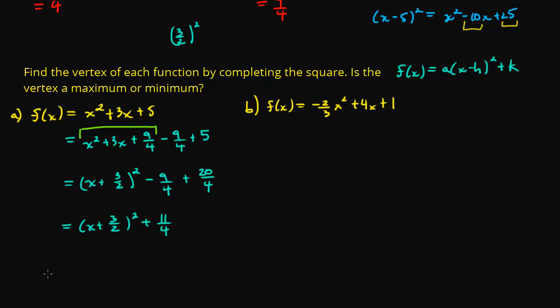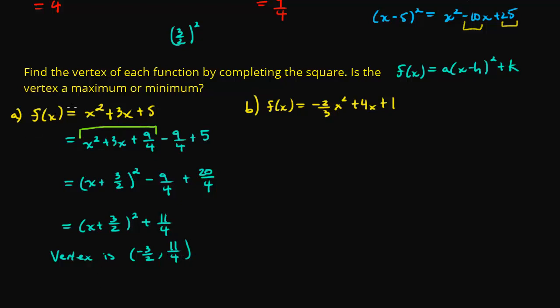Okay, so the vertex of this first function is negative 3 over 2 comma 11 over 4.